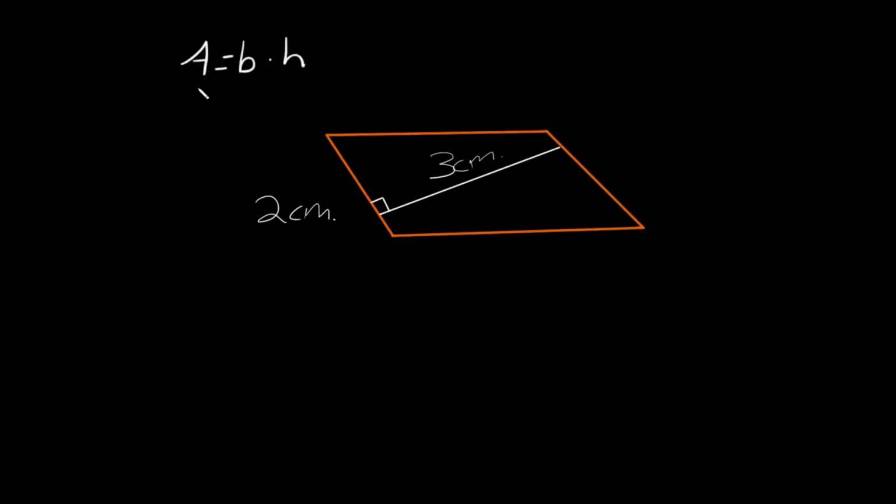We will just substitute our values. So area is equal to, let's see, we want to find the base, and in this case the base is 2 centimeters, so we'll write 2 and then times the height, which in this case is 3 centimeters, so times 3. So the area of this parallelogram is 6, right, because 2 times 3 is 6 centimeters squared.